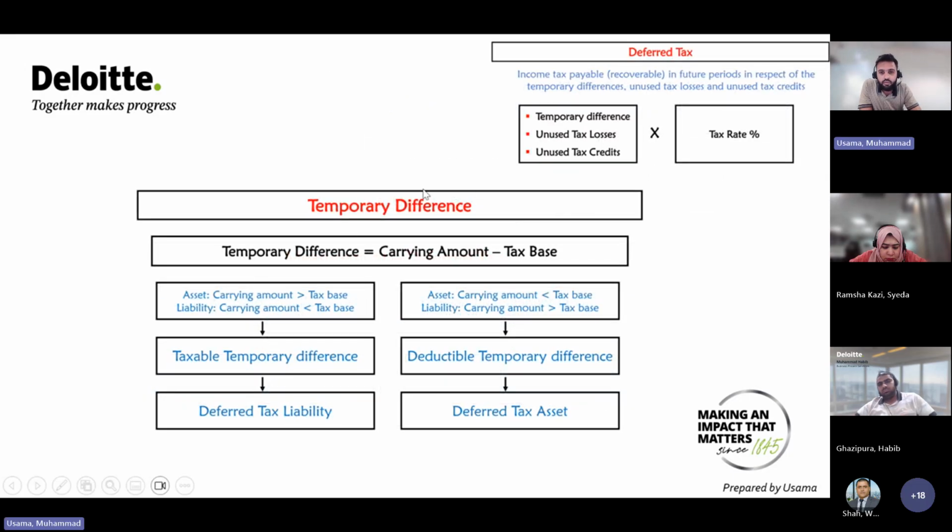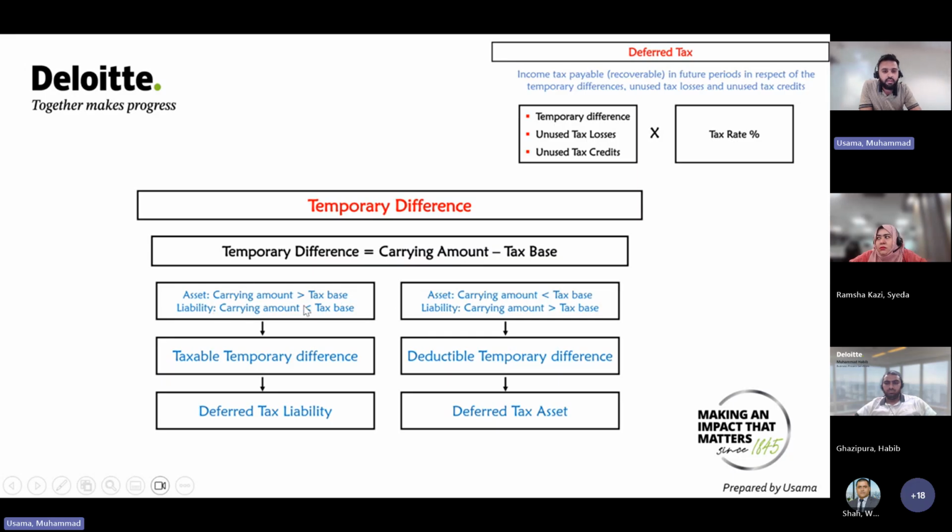So I guess Danish has asked me the question of how to compute deferred tax asset and deferred tax liability. Here is our answer. To compute the deferred tax asset or liability, we need to identify the carrying value and the tax base of the asset or liability.